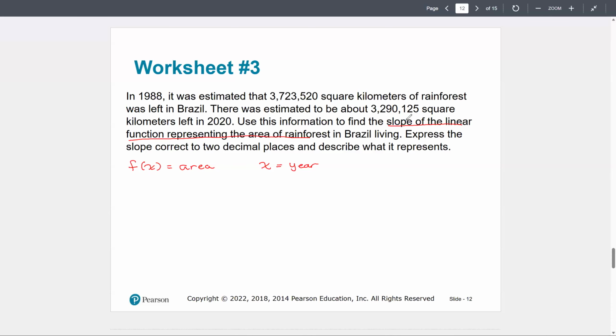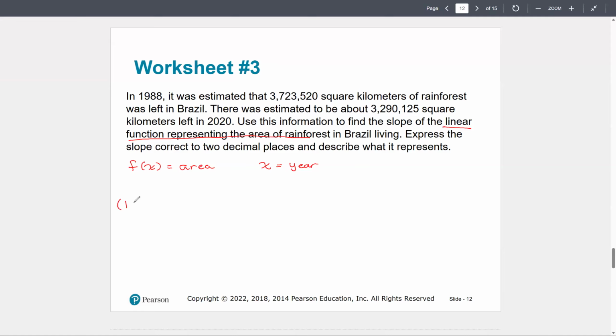So describe what the slope is representing for us. Sorry, not the slope of the linear function, I went a little too far. The linear function is supposed to be representing area of rainforest, so f of x is area, and x will then have to represent that time component.